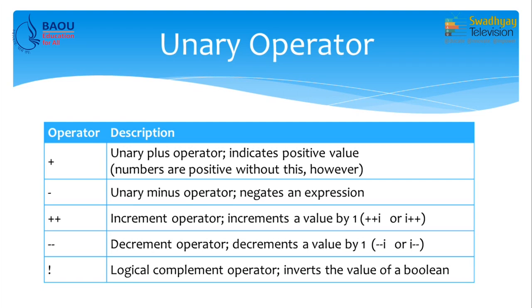Then we have plus plus, which is also called the increment operator, and for example, if I write i plus plus or plus plus i, then it increments the value of i by 1. Similarly, we have the minus minus operator, which is also called the decrement operator, and as its name suggests, it decreases a value by 1.